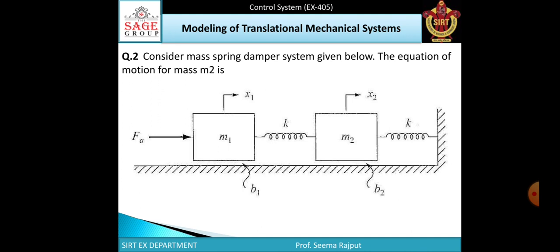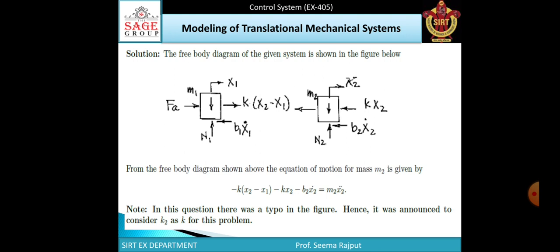Another question is, consider the mass spring damper system given below. The equation of motion of mass m2 is asked, so we have to write only the equation of mass m2. Here there are 2 masses, 2 forces, 2 spring forces and 2 dampers. So we have to draw the free body diagram of the given system as shown in the figure. Now simply we have to solve this free body diagram for m2 only.